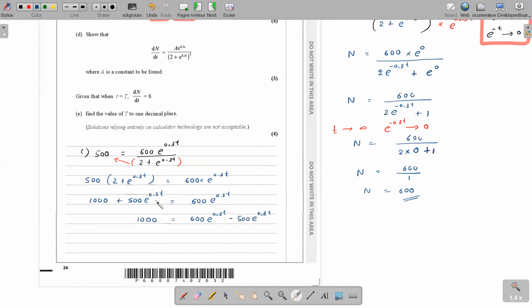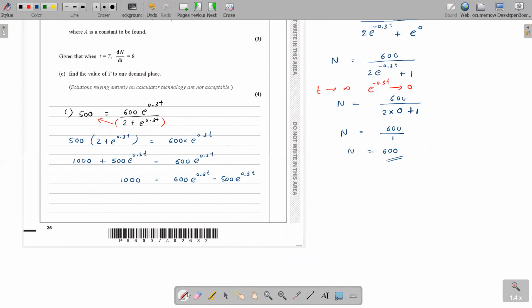Can you see? I brought this to the other side as a subtraction. So this is like 600a minus 500a, because these are two like terms, so you can subtract them. 600 minus 500 is 100 e to the power 0.3t, which gives me 1000 divided by 100. So I get 10 equals e to the power 0.3t.